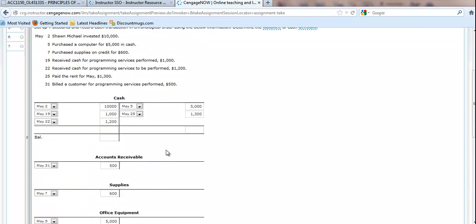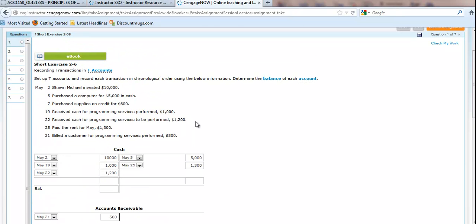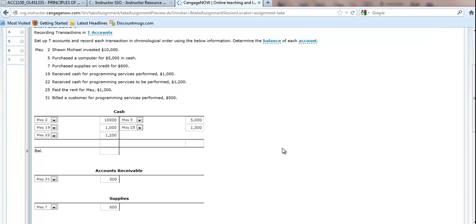So at this point, I have performed all the transactions. Now I need to foot and balance each of the accounts. Footing the accounts means adding up the total debits and adding up the total credits. And then finding the balance of the account means finding the difference between those two.